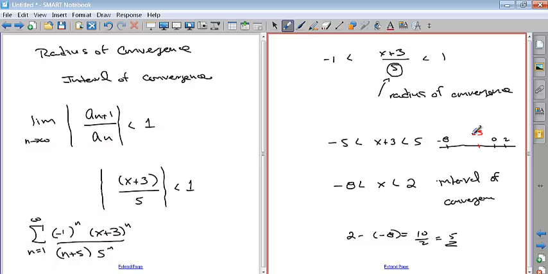So that's the center of this Taylor series kind of arrangement. And so this is plus 5 to one side of the interval, and this is minus 5 in the other direction. So it's centered around x equals negative 3. The distance from the center to the endpoints of the interval is 5, which is the radius of convergence. And the interval of convergence is the actual numbers it's between.